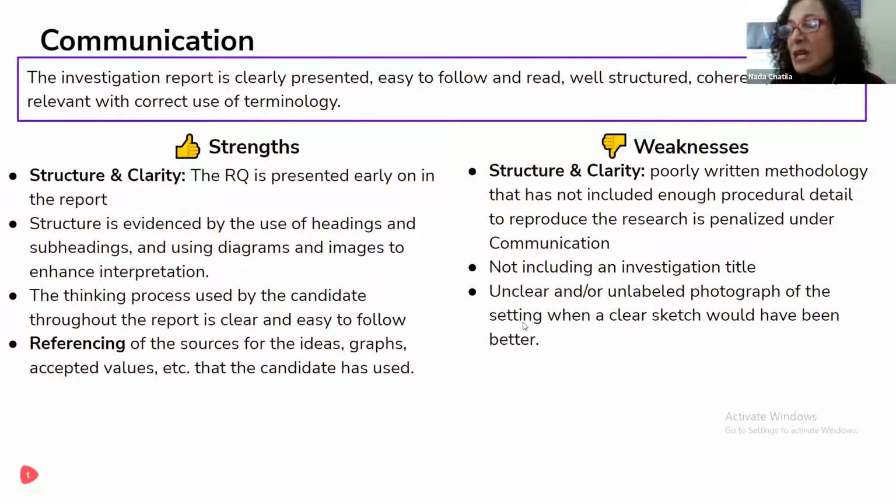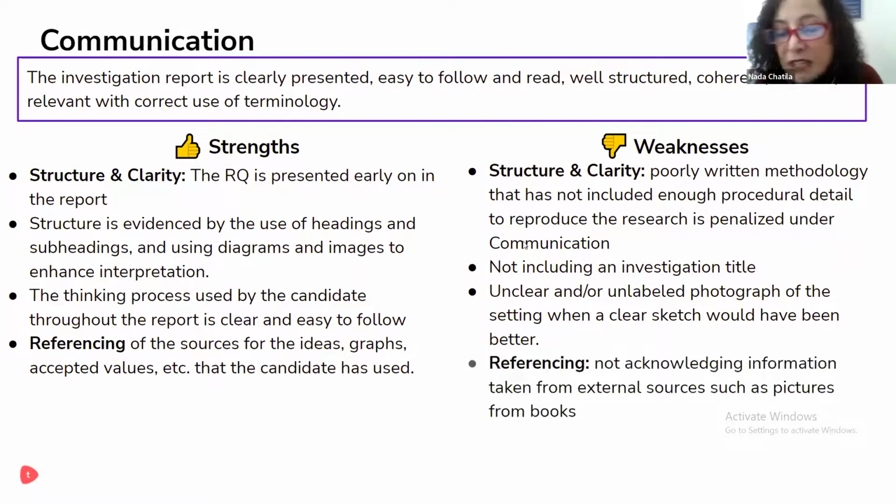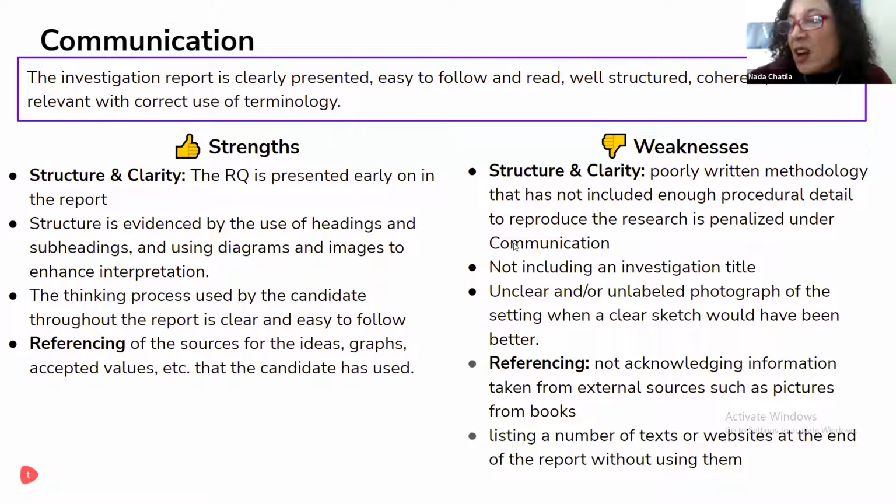Many students think sometimes it's better to take a picture of the real setting, but often the picture is vague, not labeled, and does not help us understand the setting. In that case, a clear sketch would be much better. Not acknowledging information taken from external sources, or having a list of references at the end that we don't know how they were used in the report itself.